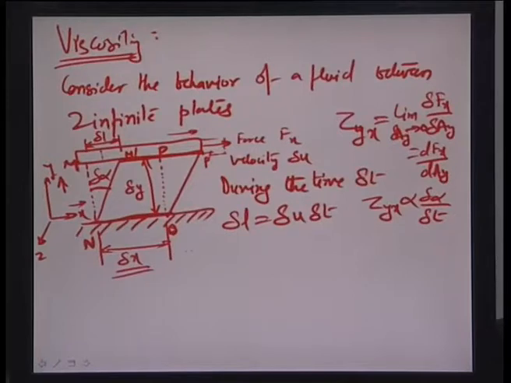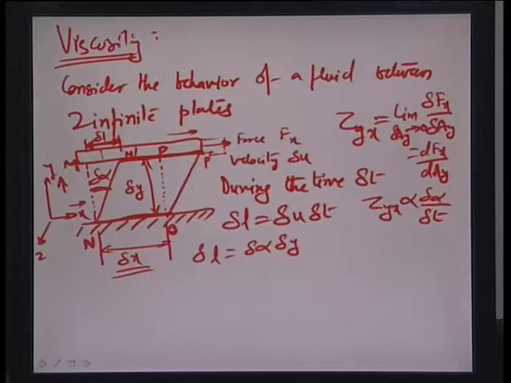another very interesting observation, that delta L, which is actually this particular elemental change in the length, or the displacement by which the layer MP moves to the new position M'P' as the plate moves ahead, is also given by delta alpha times delta y, because in very small situations this can be considered as the same as the length of the arc that this radius delta y would execute as it moves from position M to M'.